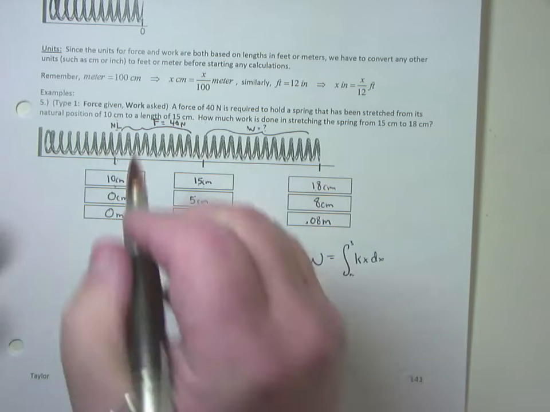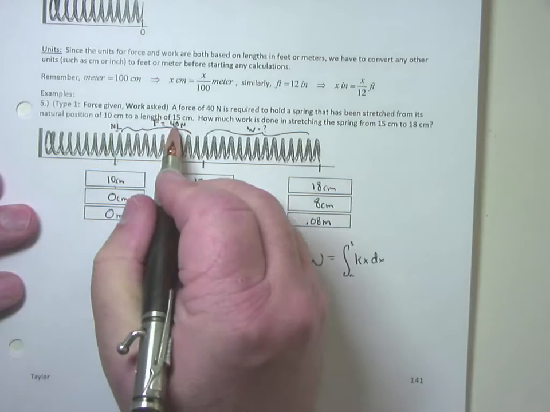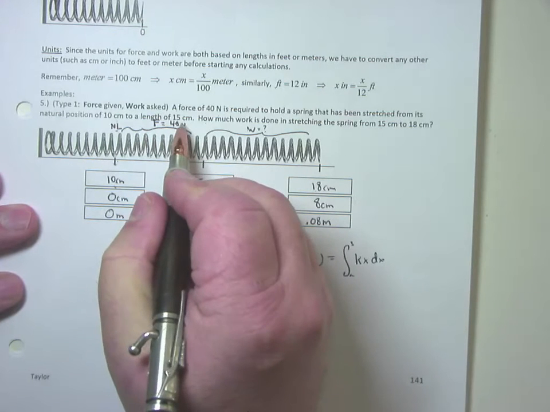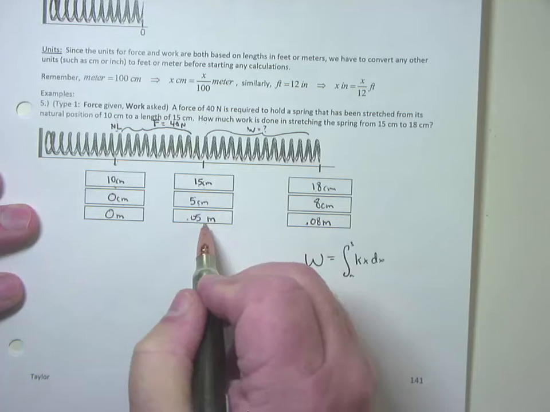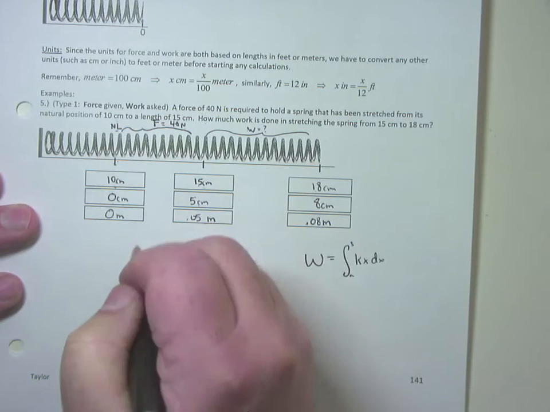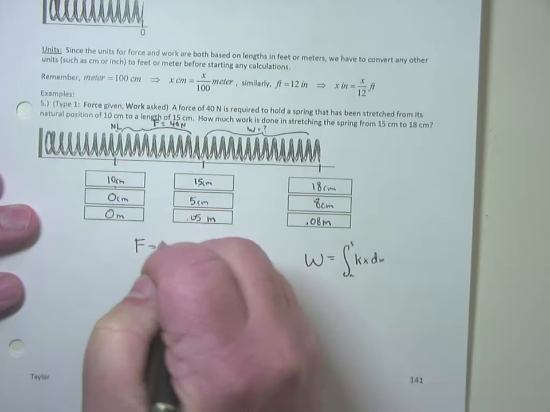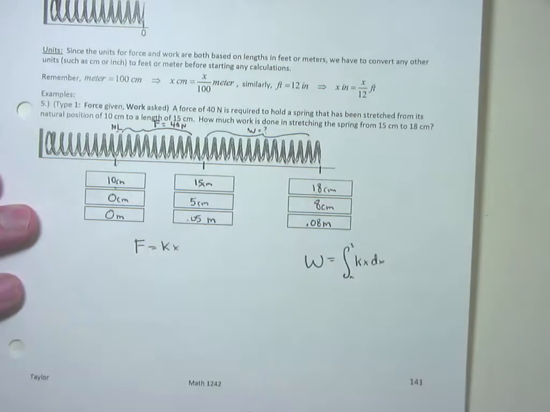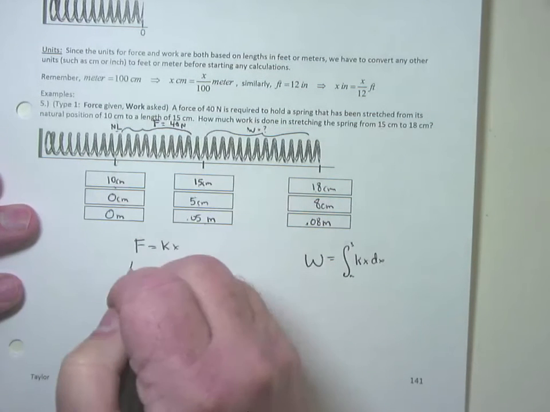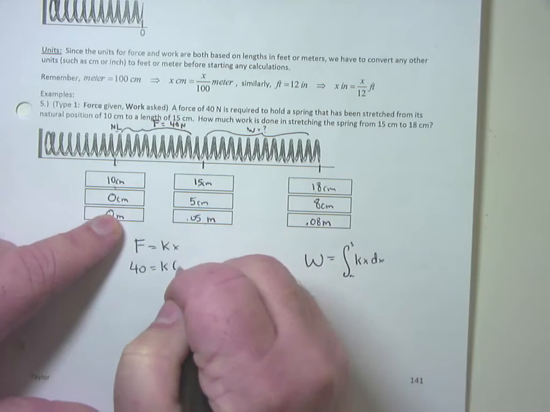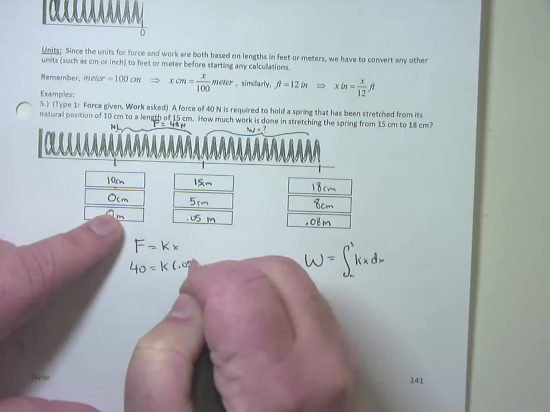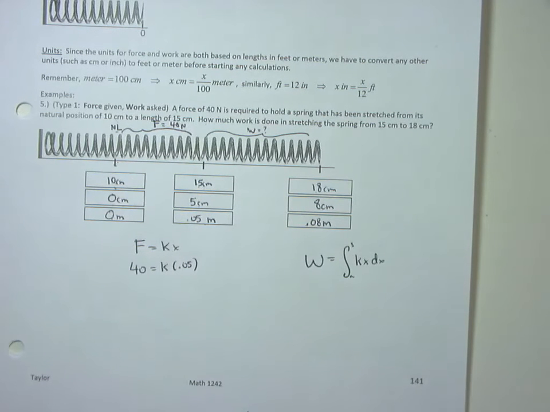So, they gave me 40 newtons. Look at that, newtons, that's force, to go from your natural length of 0 meters to 0.05 meters. I have a formula for a force in springs. Force is equal to kx. You see where I'm going. The force, 40, is equal to k times the distance from its natural length. I stretch it out, was 0.05. So what have I got to do to solve for k?